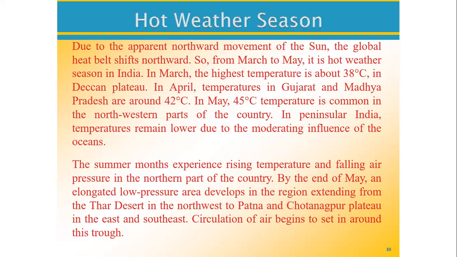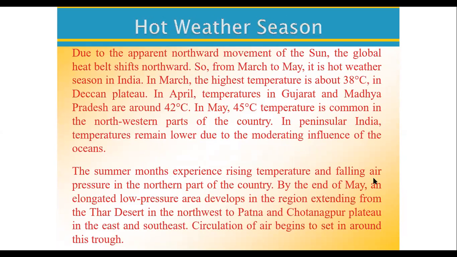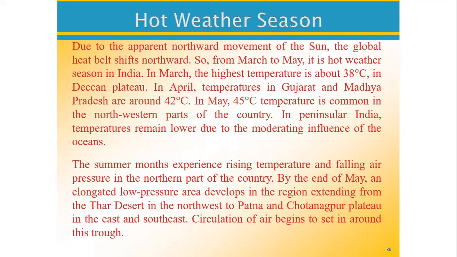Due to the apparent northward movement of the sun, the global heat belt shifts northward. So, from March to May, it is the hot weather season in India. In March, the highest temperature is about 38 degrees Celsius in the Deccan Plateau.